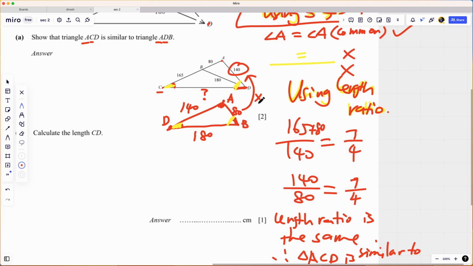Give me a mixed number. What's the mixed number? 1 3 over 4, right? Yeah. So 80 times 1 and 3 over 4 gives you 140, right? That means your 180, you need to times the same thing to get the question mark, right? Does it make sense to you? This side times this gives you this, then this one also needs to times the same factor to get this.